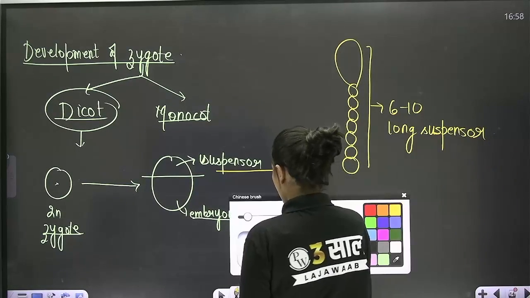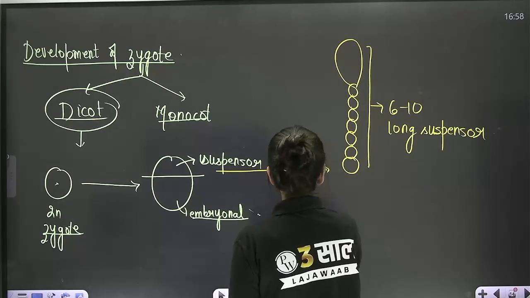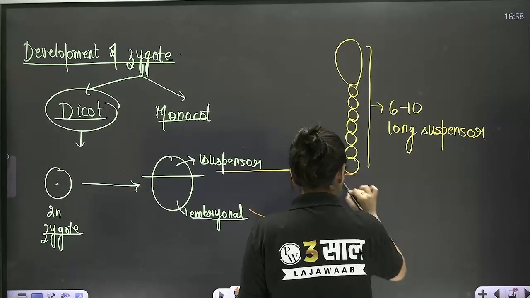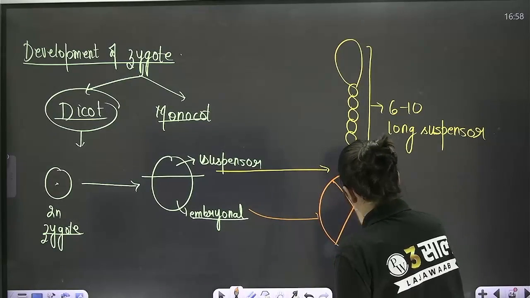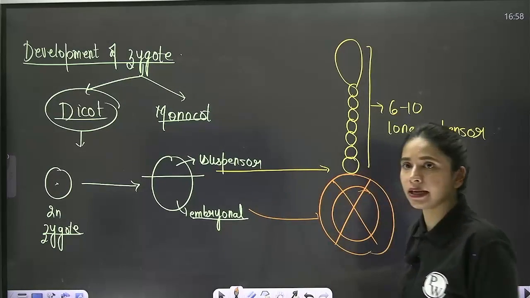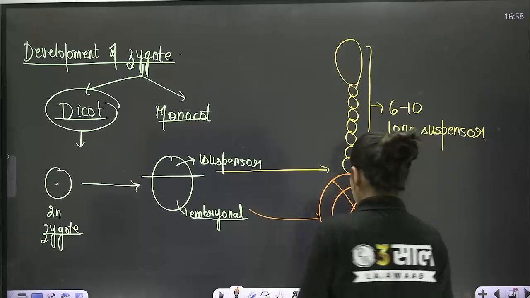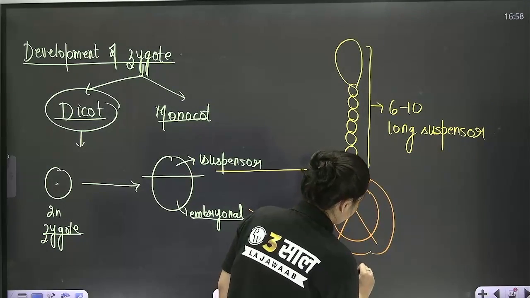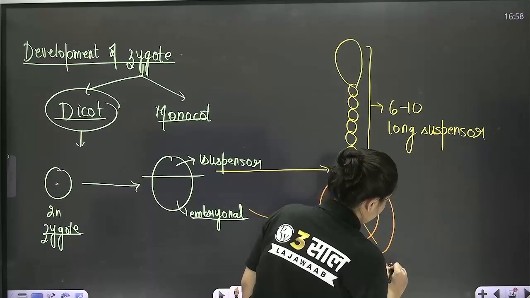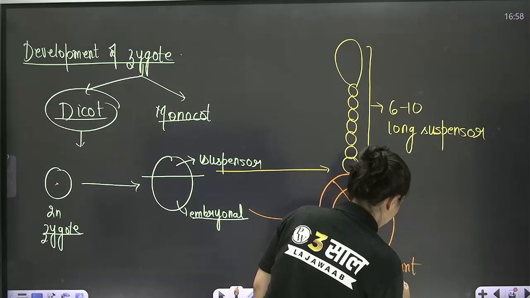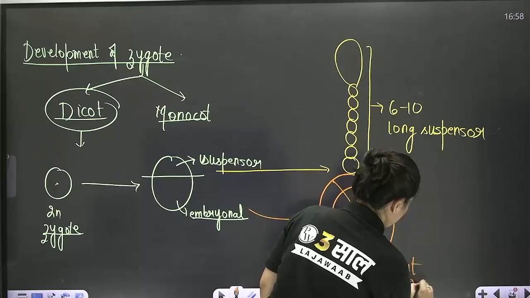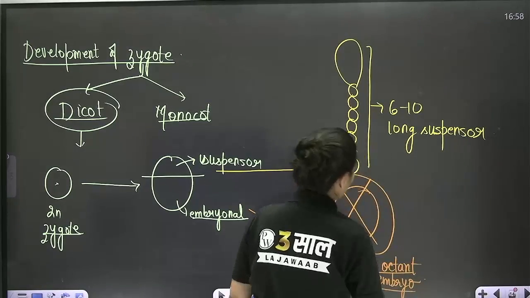Correct? Followed by this, the lower embryonal cell again undergoes division, two vertical and one horizontal, to give rise to an 8-celled octant embryo, right?